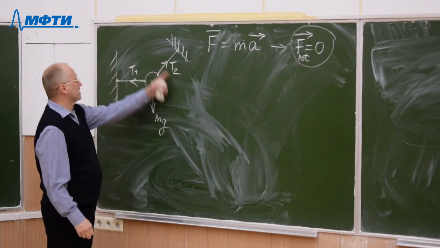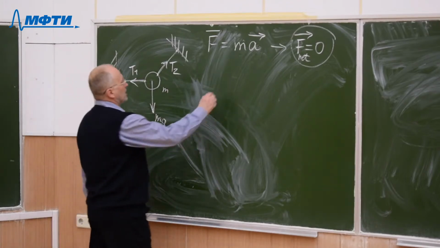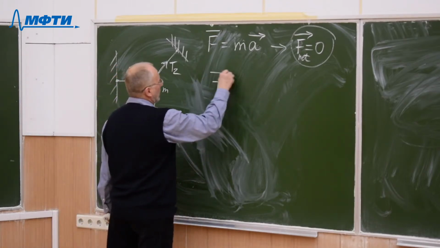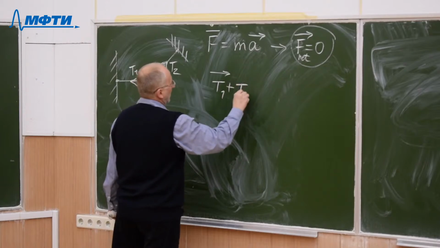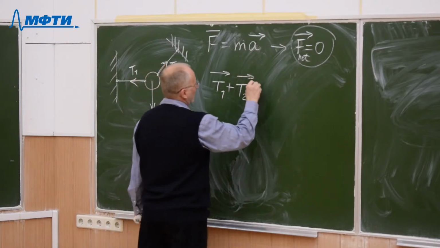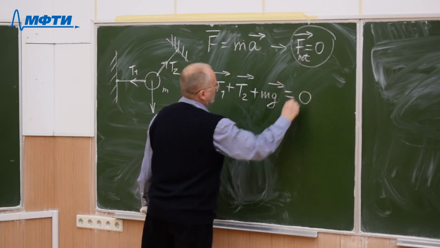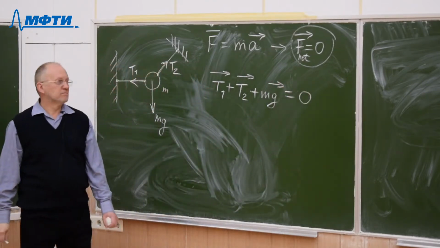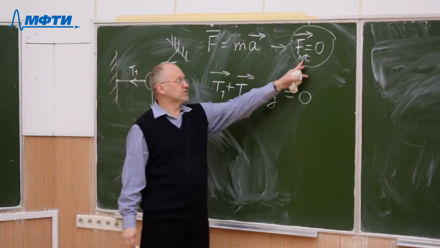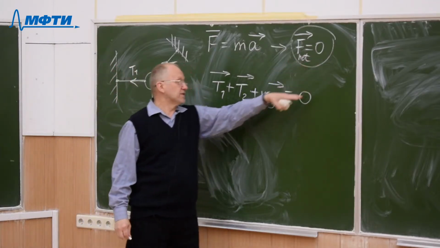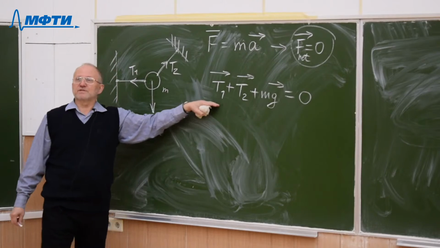What is the net force? The net force is the vector sum of all forces acting on the body. And the vector sum must be zero. That is, the net force is zero. The net force is the vector sum of all forces acting on the body.